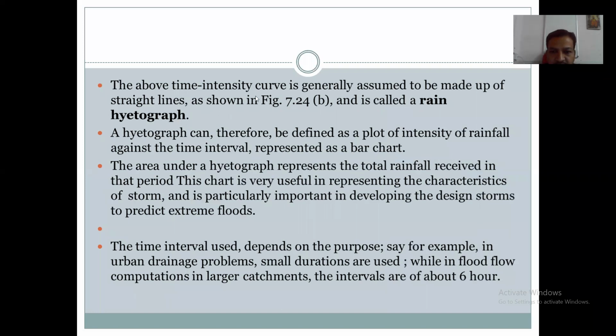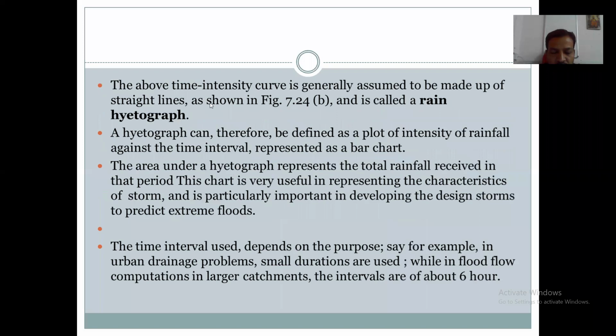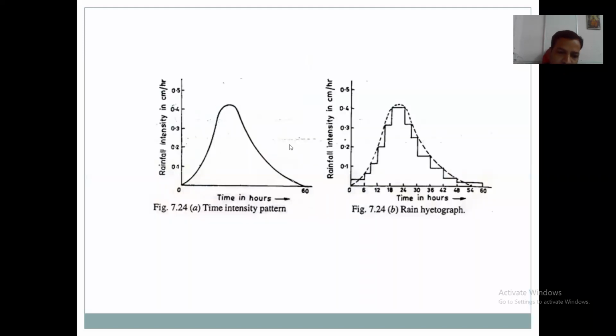The time intensity curve is generally assumed to be made of straight lines. So by knowing the intensity of rainfall, the rain hyetograph is plotted on the graph between rainfall intensity and time in hours.